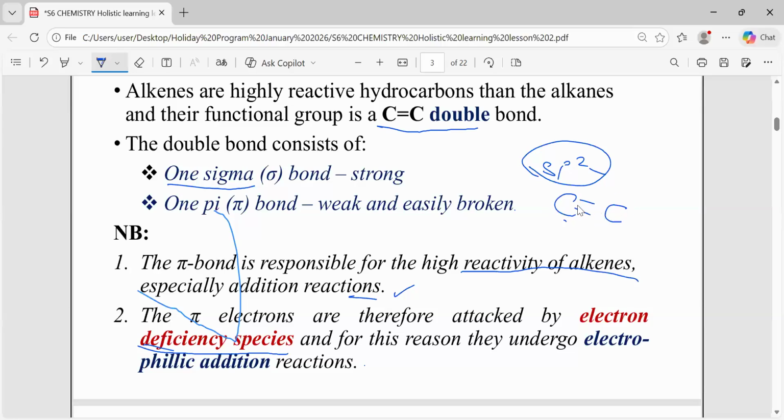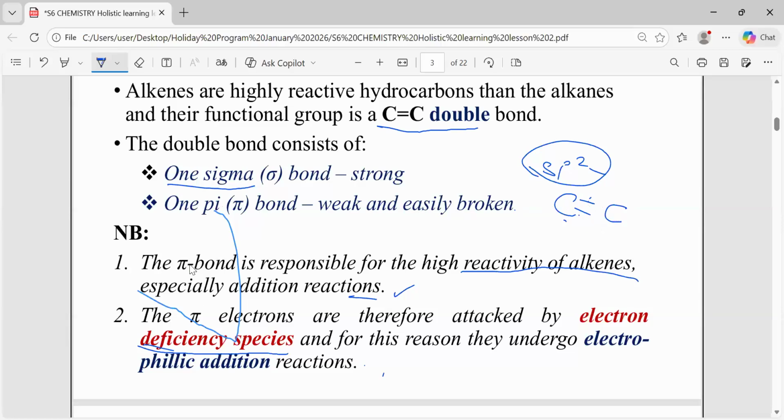The sigma bond is very strong compared to the pi bond. And you recall each bond is made up of a pair of electrons. A sigma bond is a pair of electrons, and a pi bond is another pair of electrons.